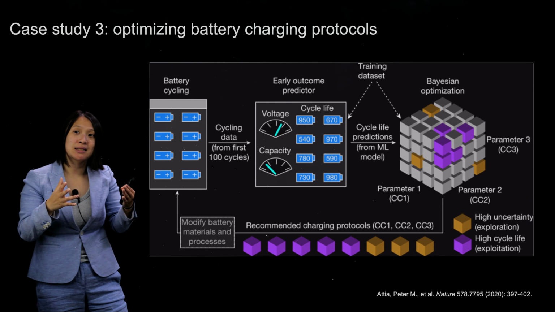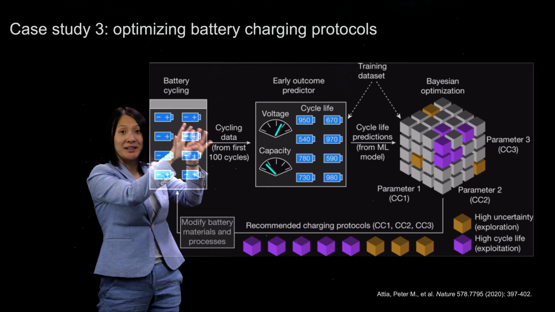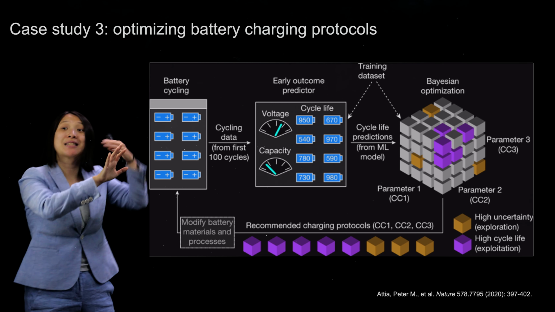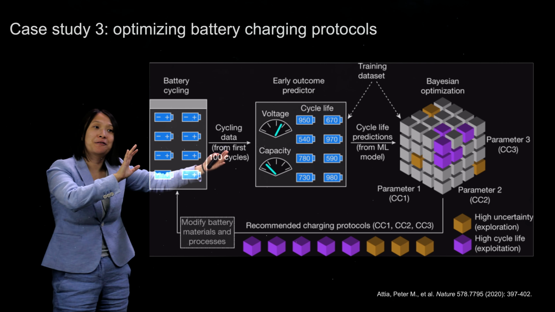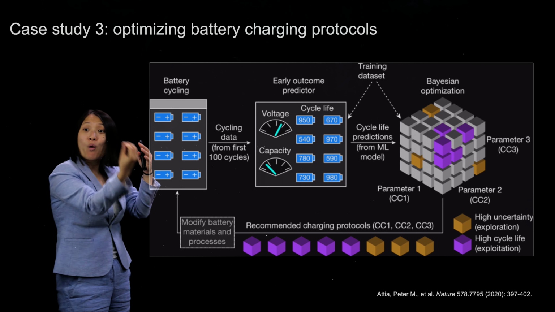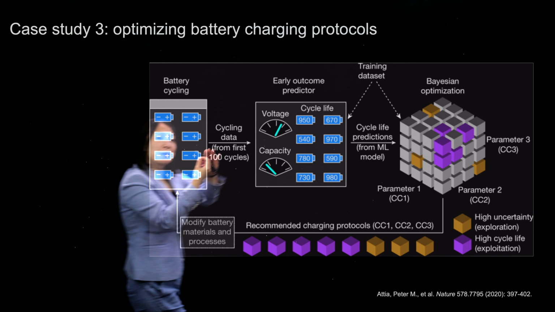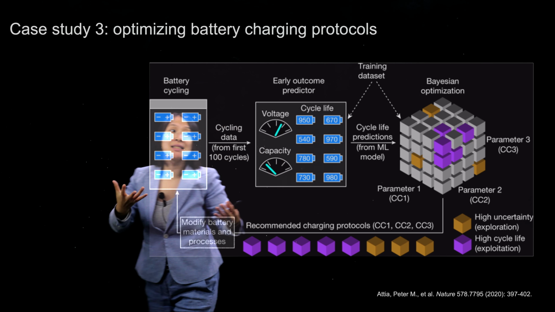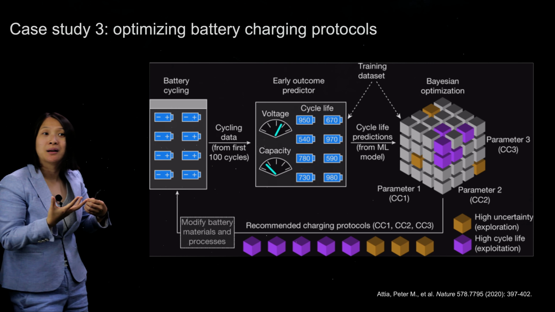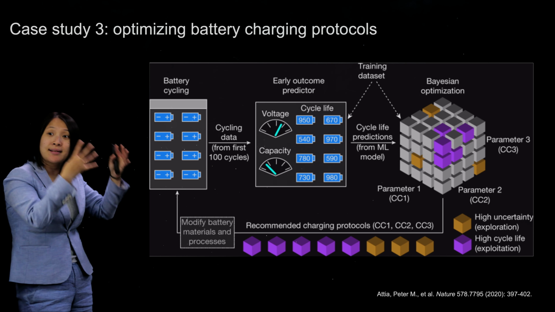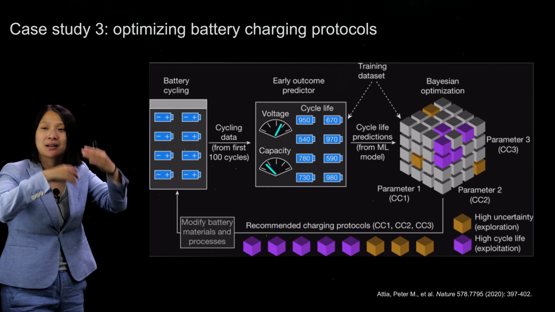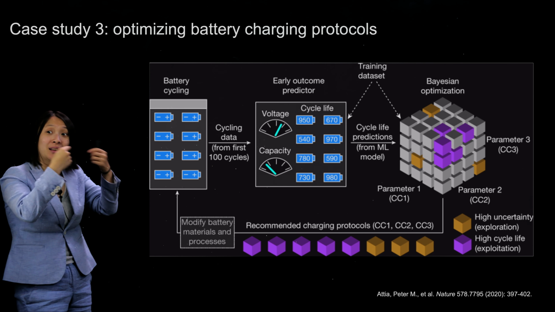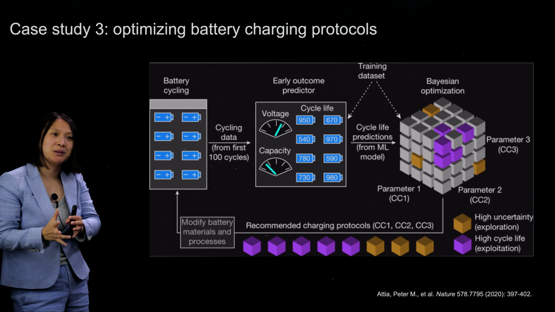So in other words, they have this early prediction model which shows the expected battery cycle life as our Y, our output. And then we have the Bayesian optimization optimize the 3 parameters, CC1, CC2, and CC3, which are the charging steps being used as the input.